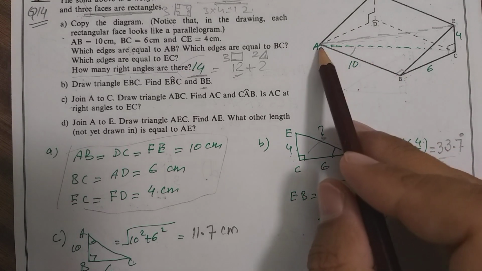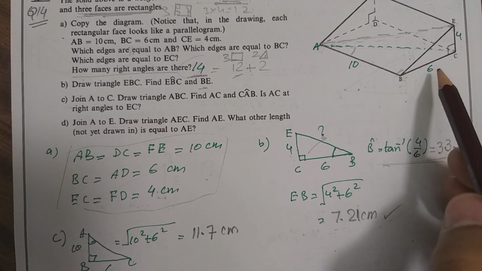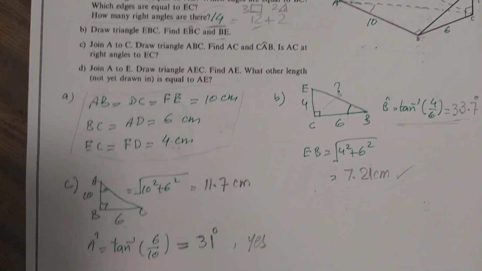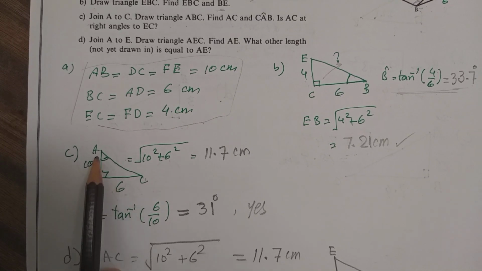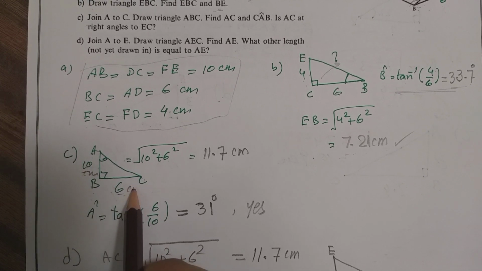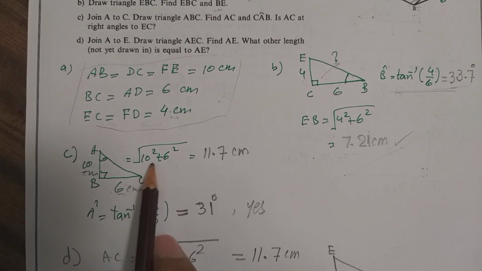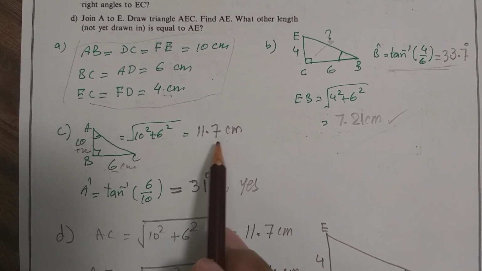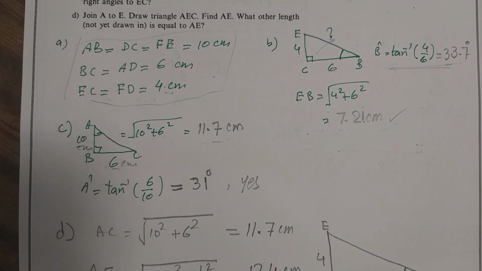We are given AB equals 10 centimeters and BC equals 6 centimeters, so we can find AC. Again it becomes the Pythagoras theorem. Just square and add them, take the square root, and you find the answer 11.7 centimeters.